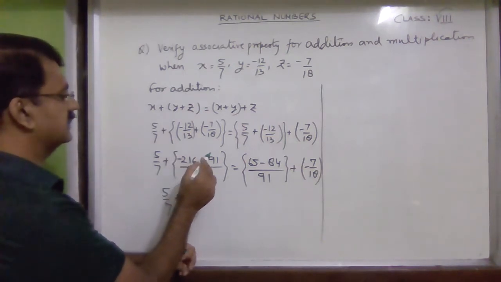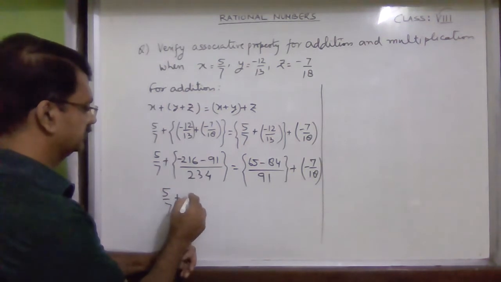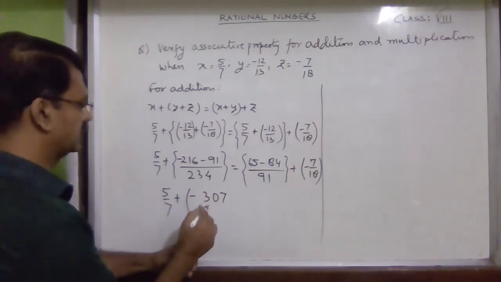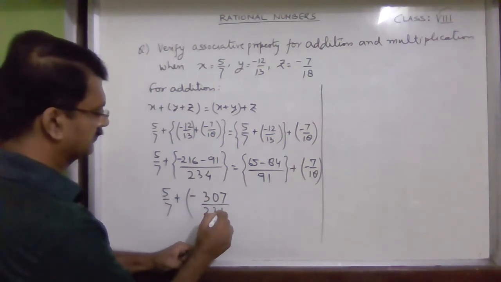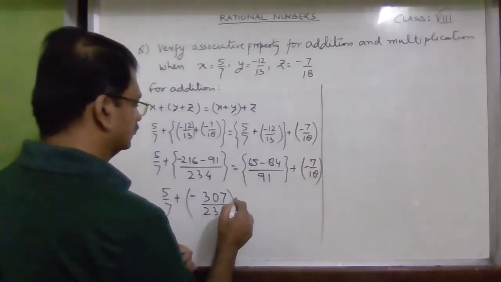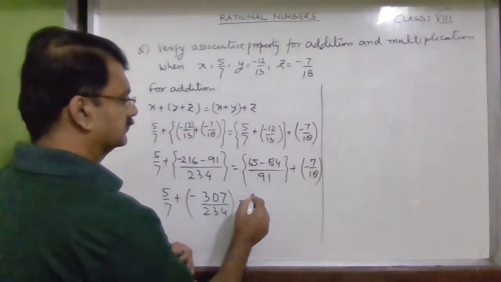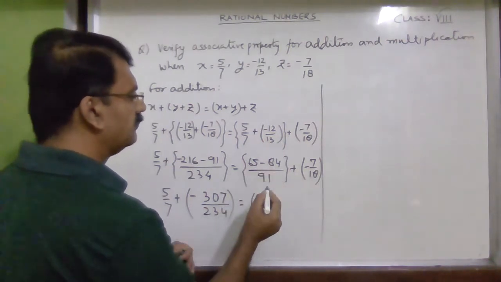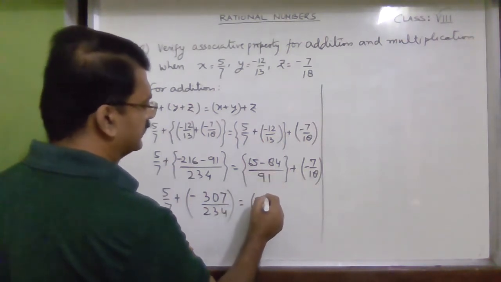Minus 216 minus 91 is minus 307 upon 234. Okay. 65 minus 84 will be minus 19.